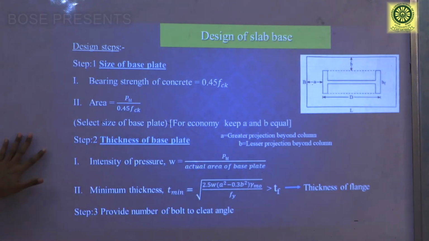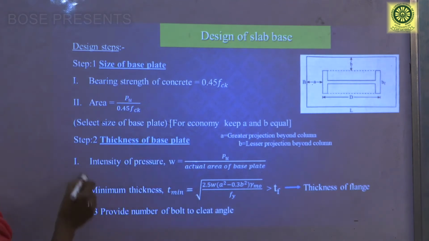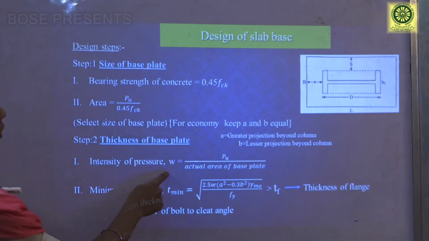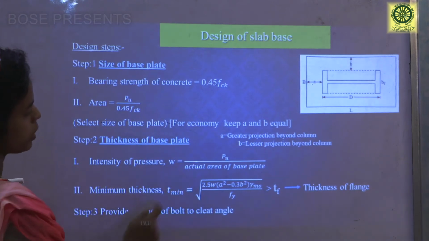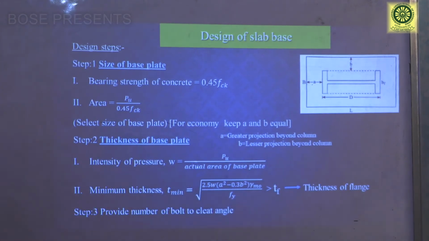Then step 2, to calculate the thickness of base plate. Before we calculate the thickness of base plate, we should know the intensity of pressure. The intensity of pressure is equal to Pu divided by the actual area of base plate, that is calculated after selecting the size of base plate.